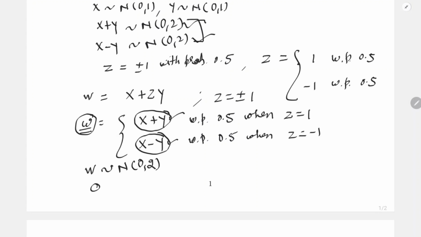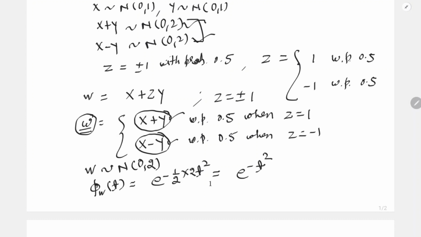Now what will be the characteristic function? This will be e to the power minus half into 2 t square, which equals e to the power minus t square.